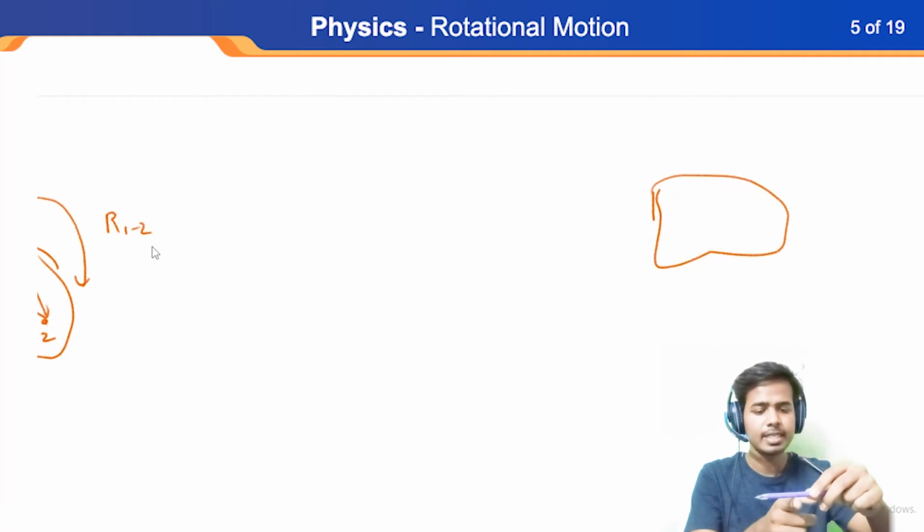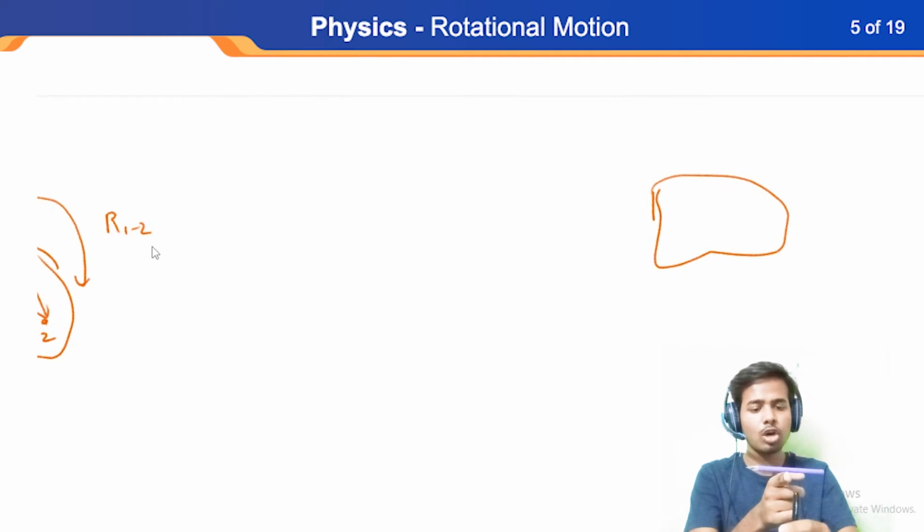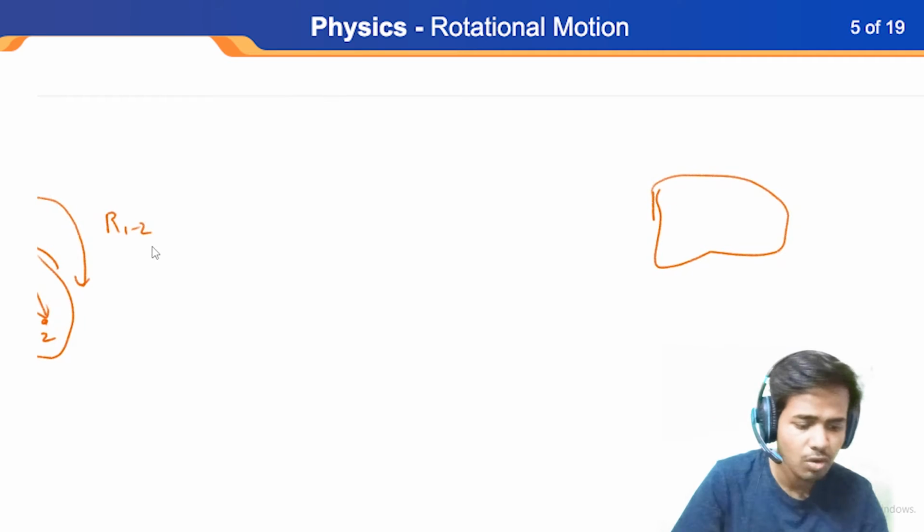At a certain point, it can be almost balanced, right? It means if the gravity is acting in this direction or the normal force is acting in this direction, then the torque on this side and the torque on that side exactly balance each other out, and this point will be called the center of gravity in this case, which actually matches with the center of mass.